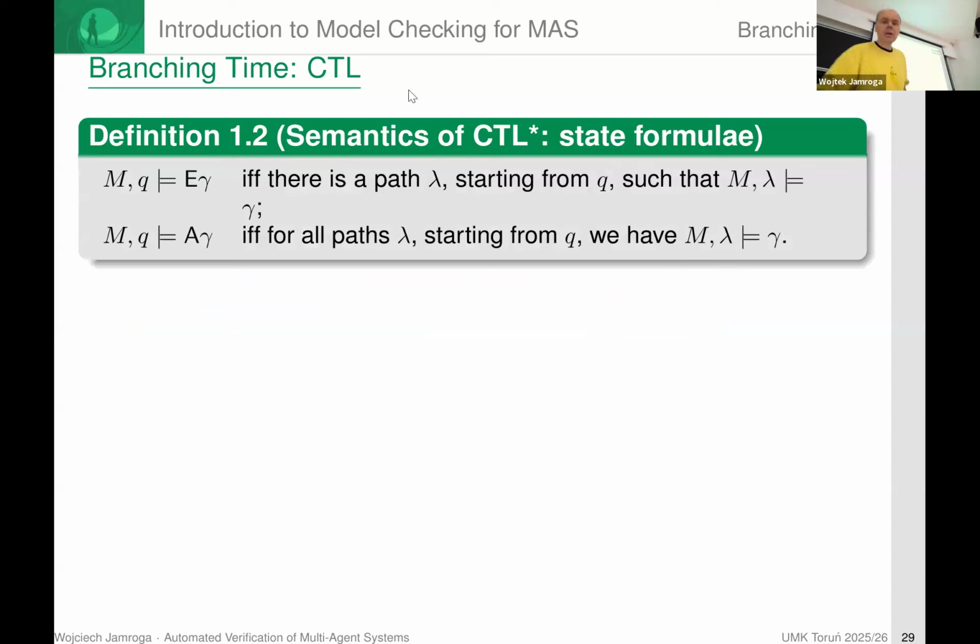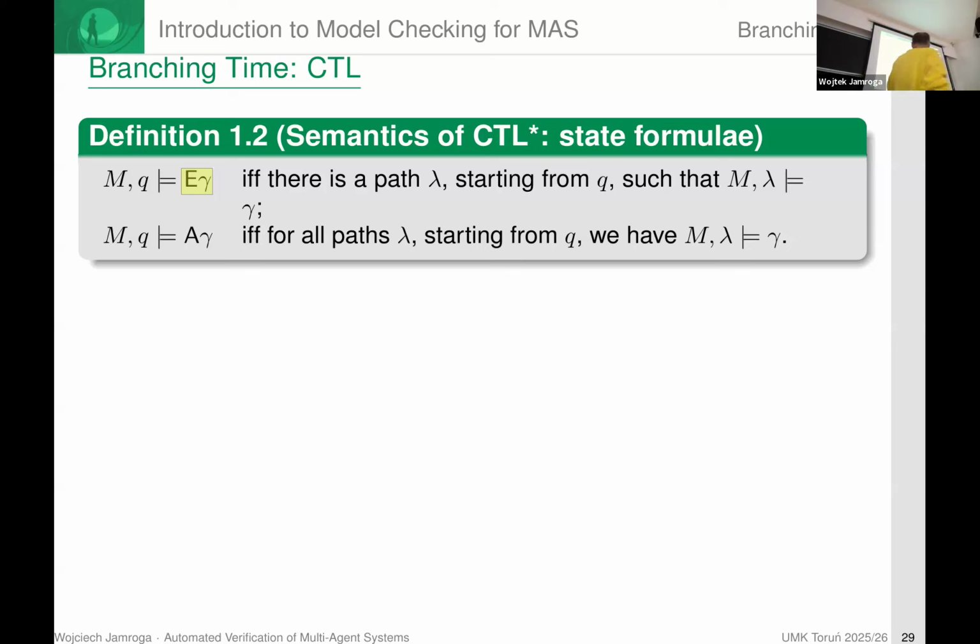Now the reference point is a model, a transition graph, and a state, a node in the transition graph. If we want to say that there is a path such that some temporal property gamma holds, it means there exists an infinite sequence of states in model M starting from q such that gamma holds on that sequence of states.